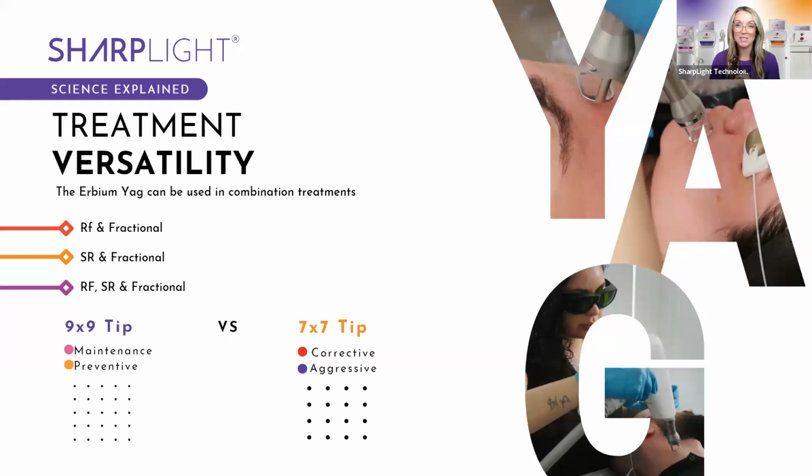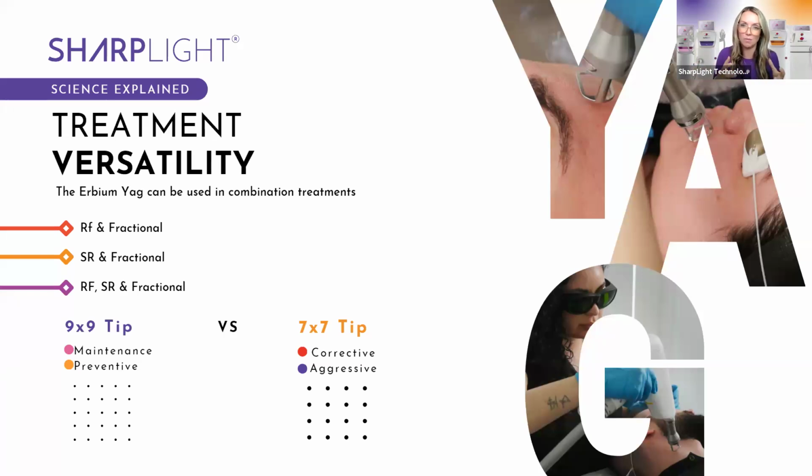As you said, Kate, this is a big Sharp Light advantage, is that we can stack our handpieces, as we have a few here listed. We're going to highlight a couple treatments that we love our fractional with. But something I think you always say, Kate, when you get into stacked protocols, you want to kind of work with the 9x9 as well, because you've already added a lot of heat with working with RF before SR. So often we use the 9x9 at the end of or in a stack treatment.